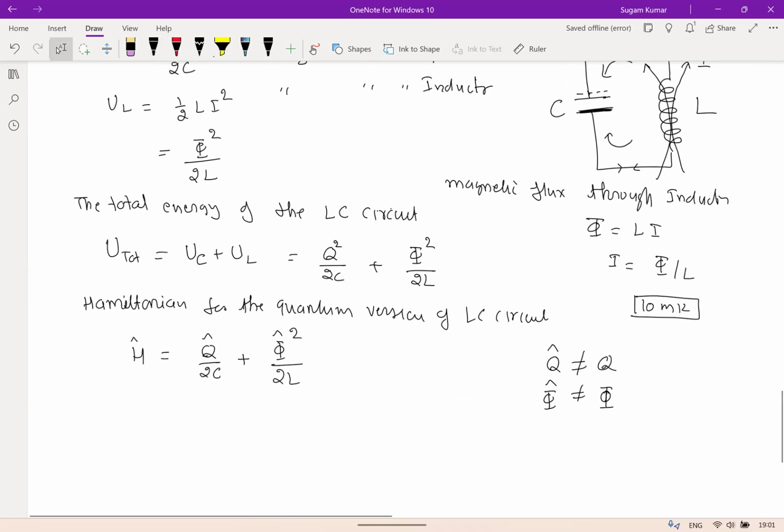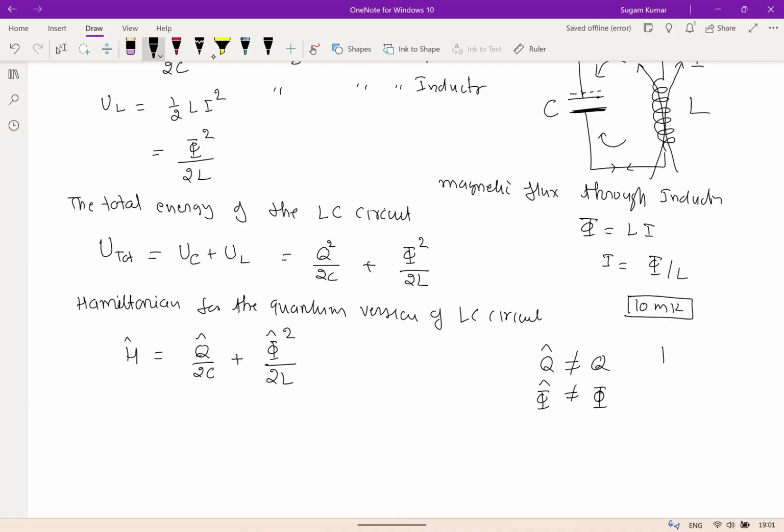It is the same as in quantum mechanics, where momentum is not equal to the momentum operator. Momentum is a physical quantity whose units are kilogram meter per second.